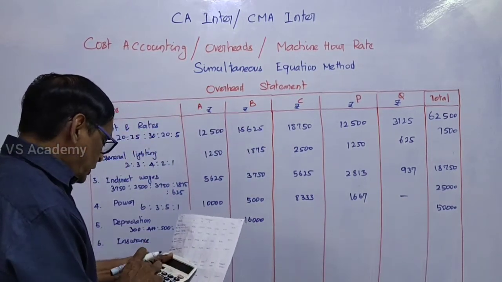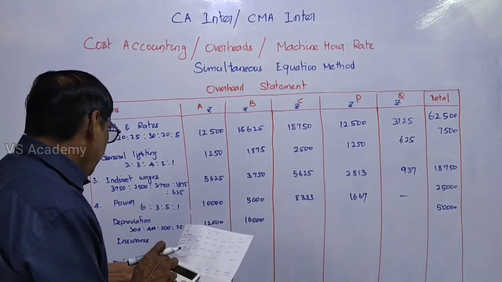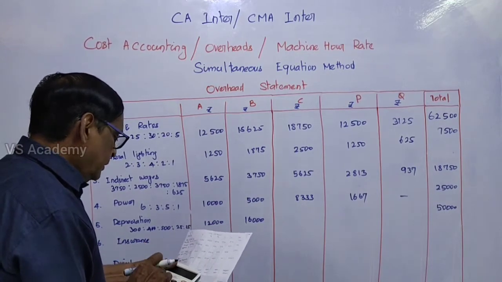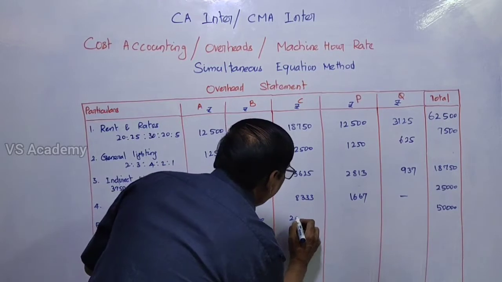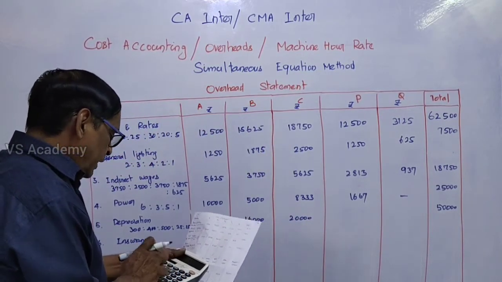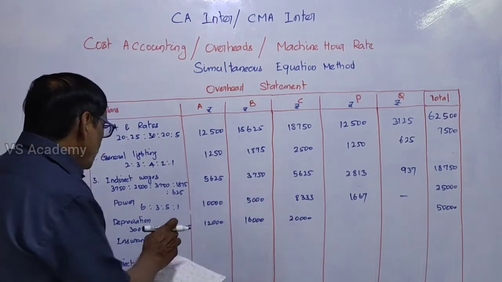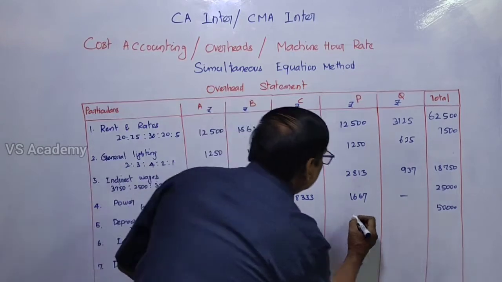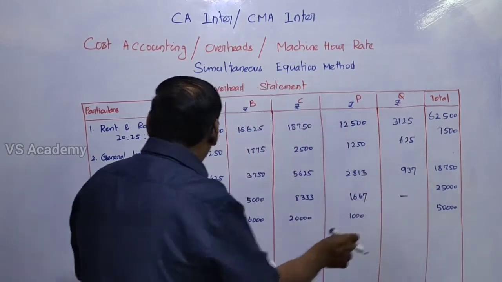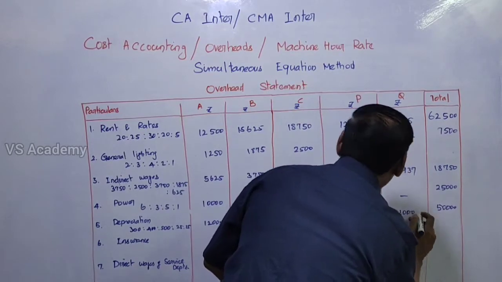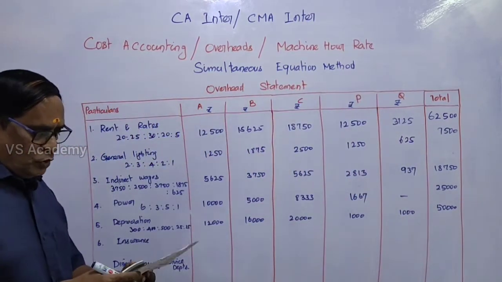And then 50,000 divided by 1,250 into 500, so 20,000, and then 50,000 divided by 1,250 into 25, so 1,000. For the other also 25, the same amount, so 1,000 rupees. If we add, the total will be 50,000 rupees.